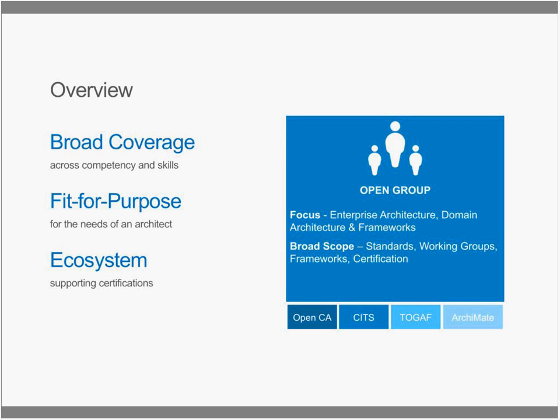When we look specifically at the Open Group, what's unique about the Open Group is that they've got broad coverage. Not only are they in the competency-based camp, but also in the skills camp as well.